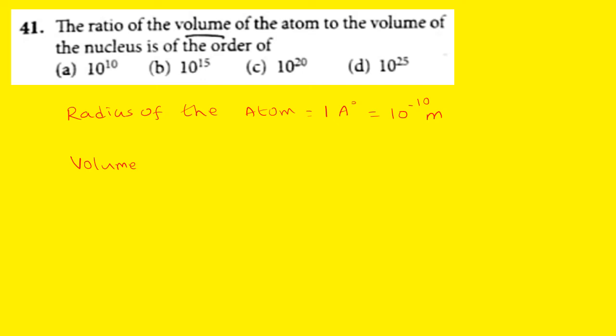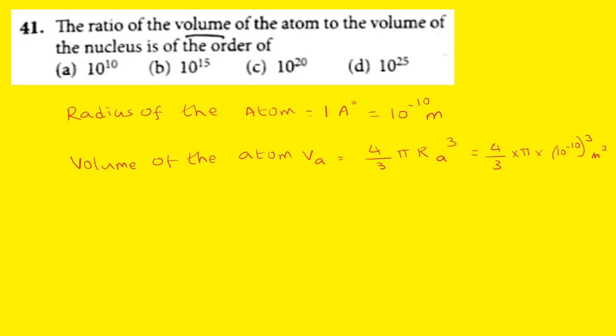We need the volume. Volume of the atom Va equal to 4 by 3 pi Ra cube. So 4 by 3 into pi times 10 power minus 10 cube meter cube.